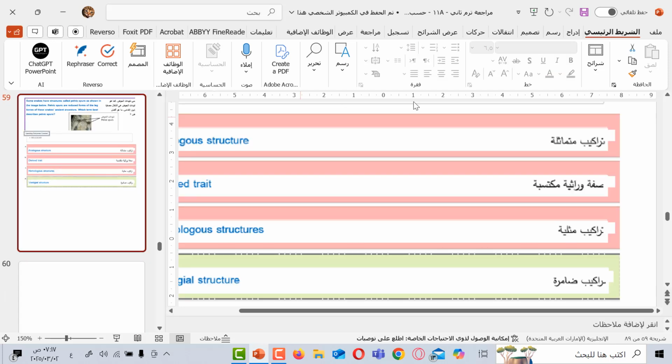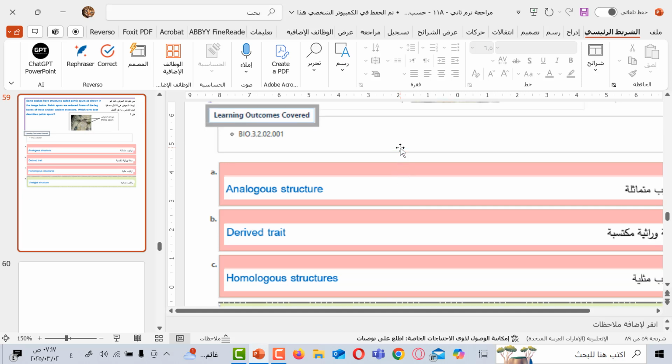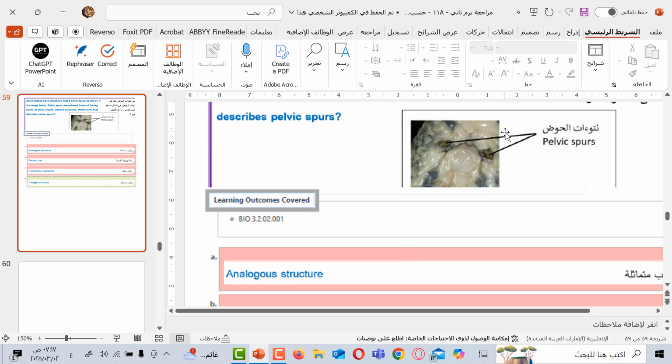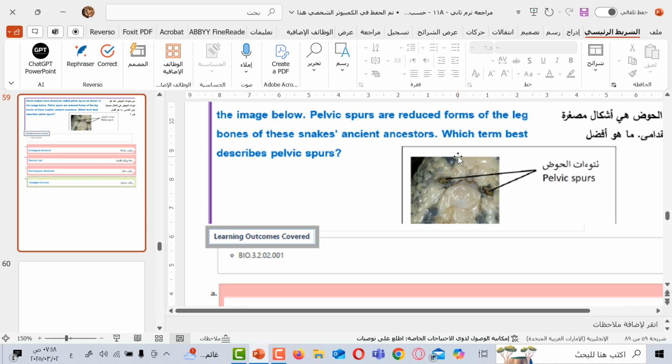Let us see a question about it. This question asked about these two pelvis bones, and I think in the snake image below, the pelvis bones are reduced forms of the leg bones of these snakes' ancient ancestors.